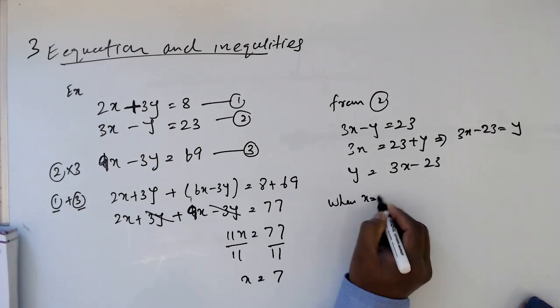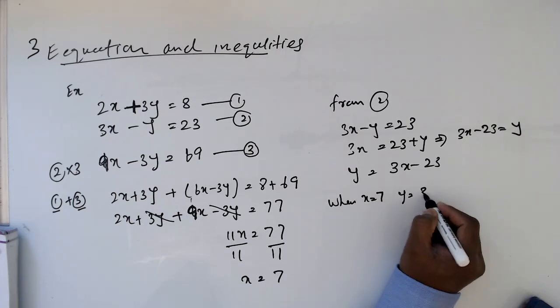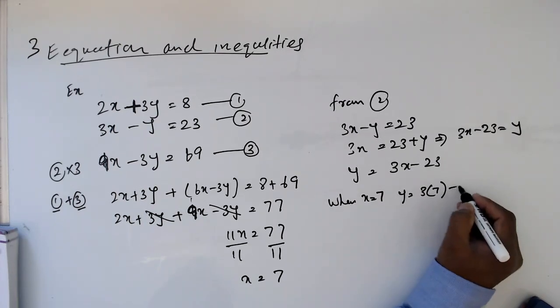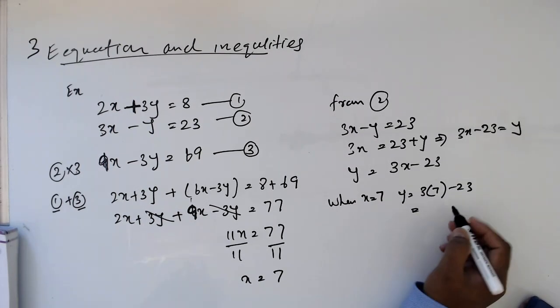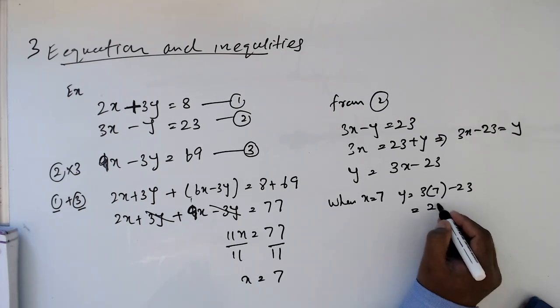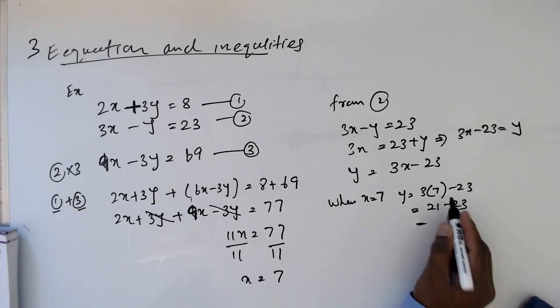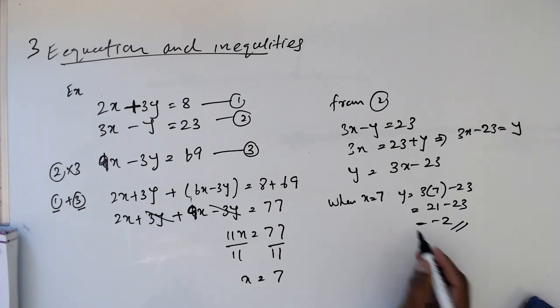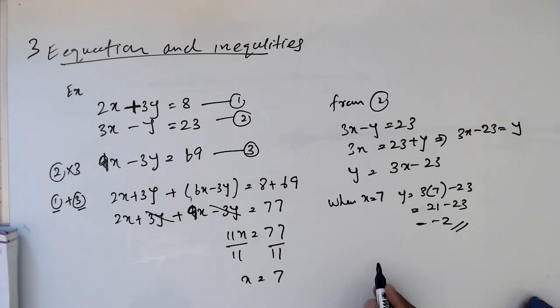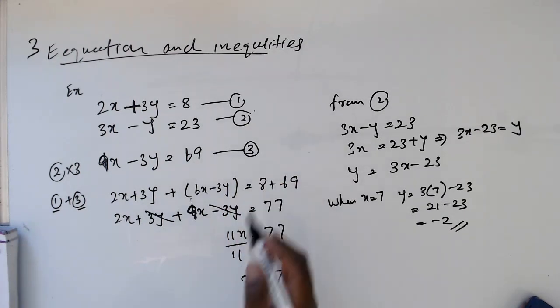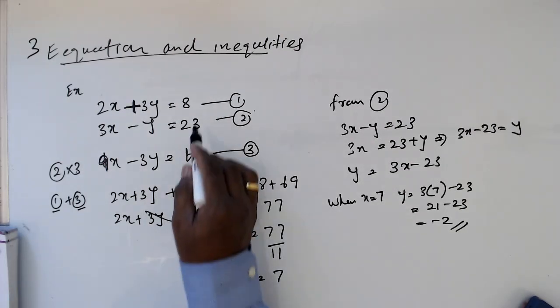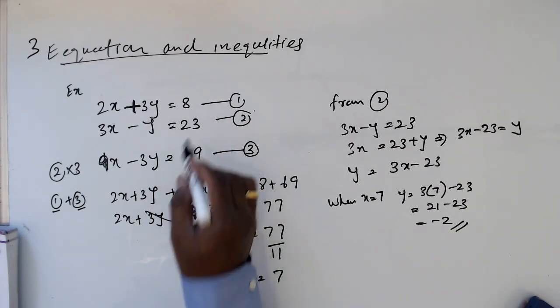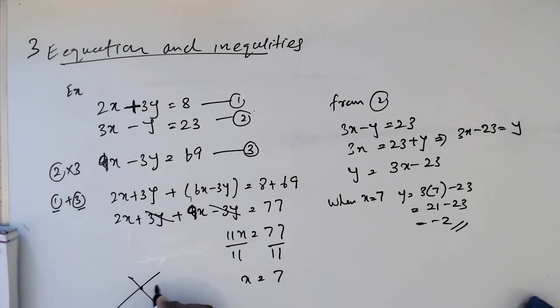When x equals 7, y equals 3 times 7 minus 23, which is 21 minus 23. So the y value is minus 2. So we found the intersection point of those two lines: the x value is 7, the y value is minus 2.